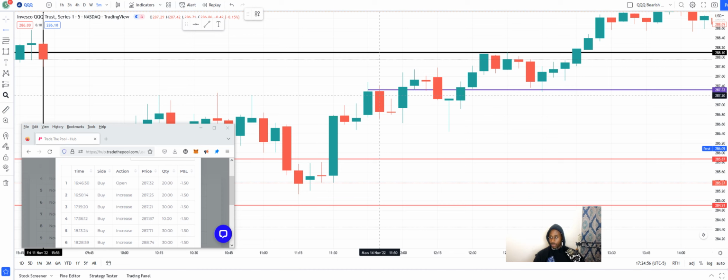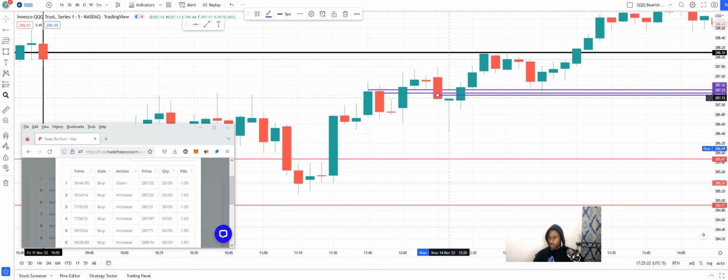So I had a buy here and a buy here, and then what's this, 1219. So let's look for 1215. Okay, 1215, and then we look for 28721.